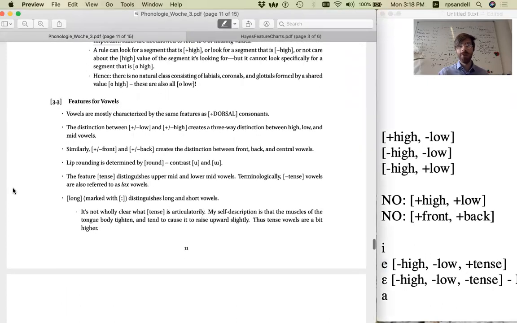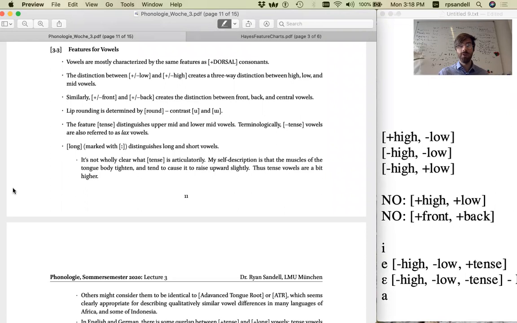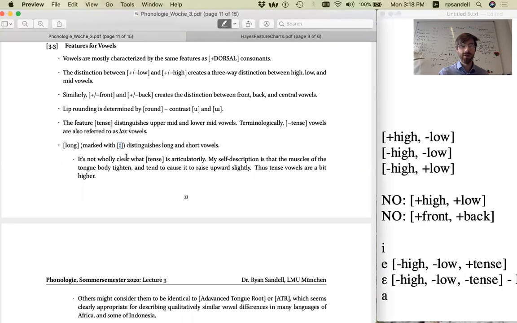Also for vowels, since very often languages distinguish between long and short vowels, this is marked in the International Phonetic Alphabet with a symbol which looks a bit like a colon, but is not.